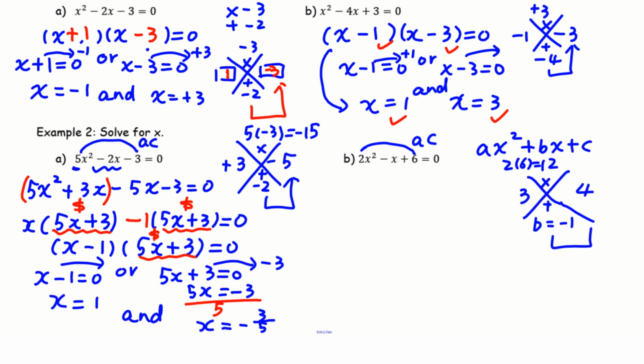The larger number is negative because times together is positive, so you need both negative. But negative 3 minus 4 doesn't work, so this one is not factorable. Then we are not going to do it now. So we are going to do only factorable ones for solving x-intercepts in this lesson.